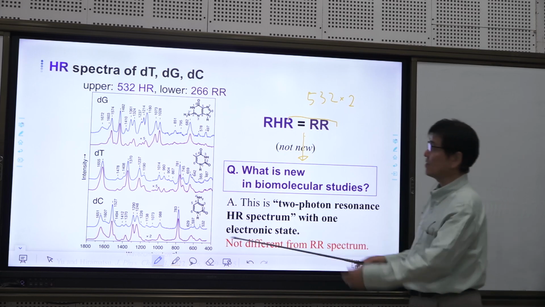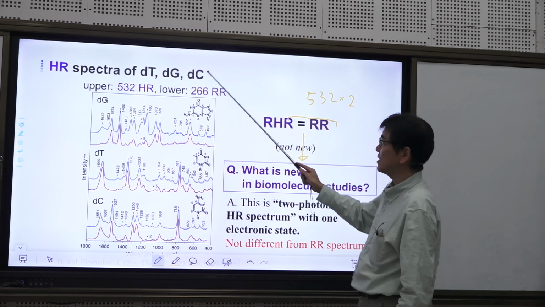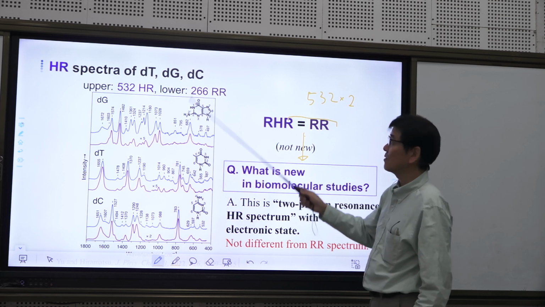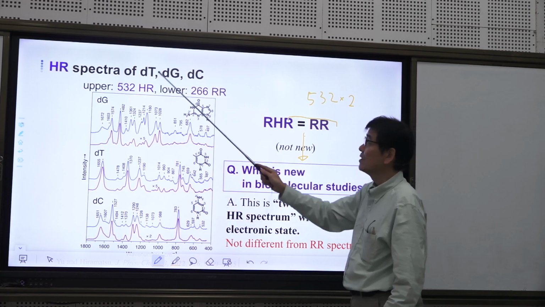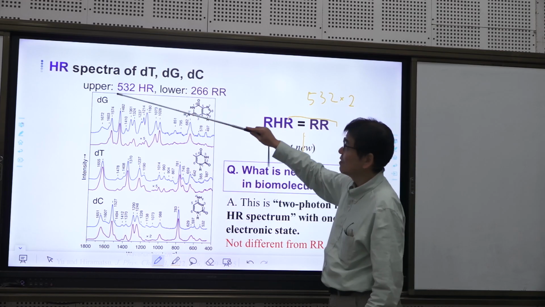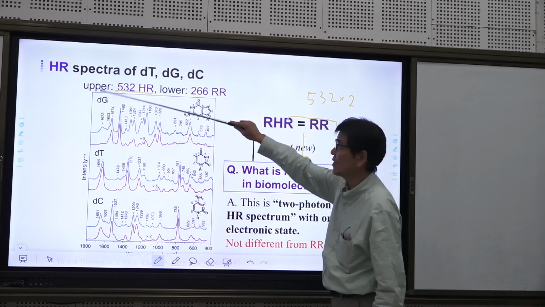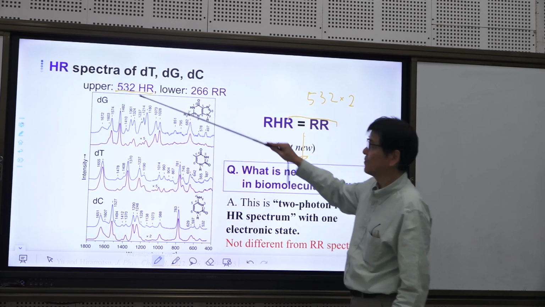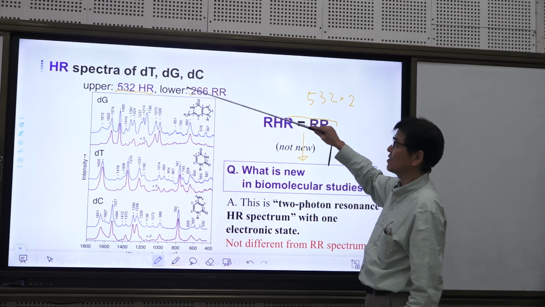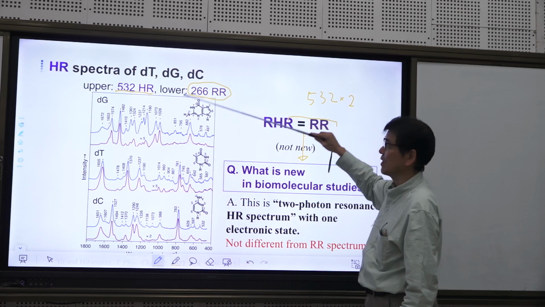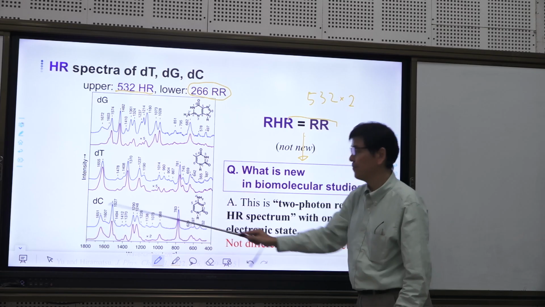And in the case of DT, DG, DC, the model compounds related to thymine, guanine, cytosine, the 532 hyper-Raman spectrum was almost exactly the same as the 266 nanometer resonance Raman, as shown here, DG, DT, DC.